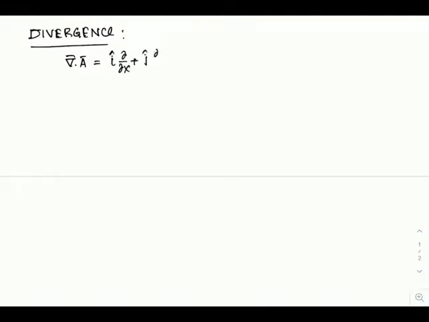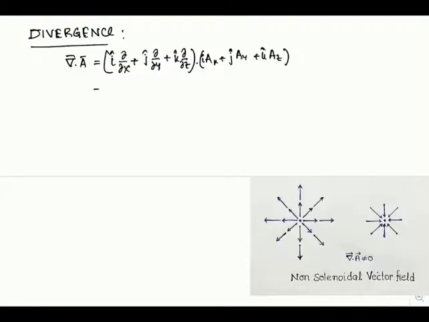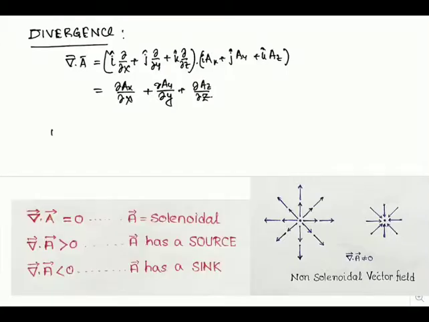So we take the dot product of del and another vector A, which is i ∂/∂x plus j ∂/∂y plus k ∂/∂z dot Ax i plus Ay j plus Az k, and simply the dot product result is ∂Ax/∂x plus ∂Ay/∂y plus ∂Az/∂z. So this gives a scalar result.